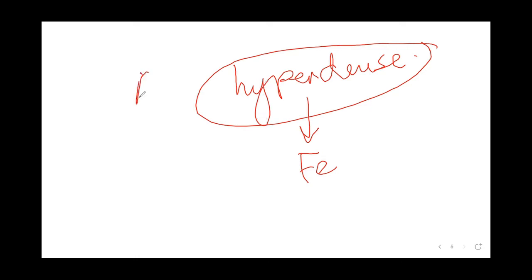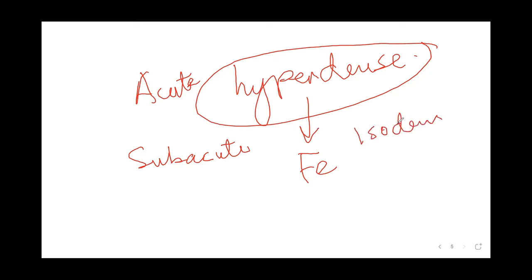At the acute phase, it's going to be hyperdense. At the subacute phase, where most of the iron is being absorbed, it becomes isodense.